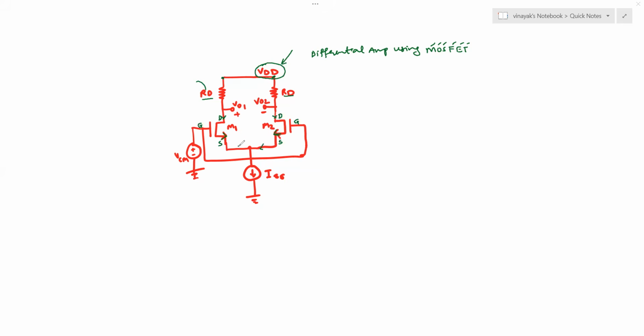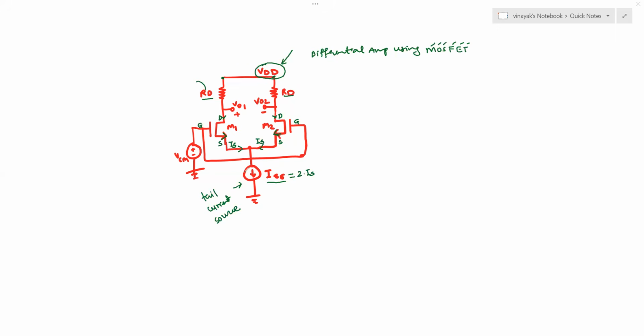Now that current, which is the source current of the transistor, let's say this is IS and this is also IS, that is becoming ISS. So ISS is basically 2 times IS, or IS would be ISS divided by 2. This is called the tail current source because it's connected as a tail to these transistors.